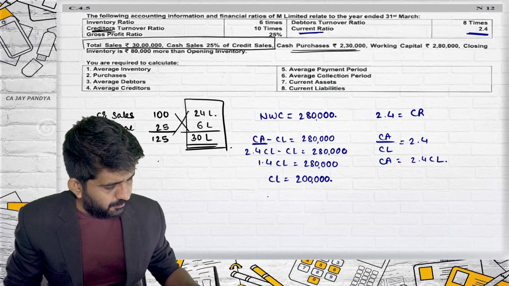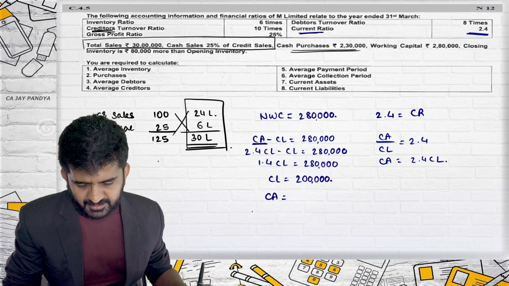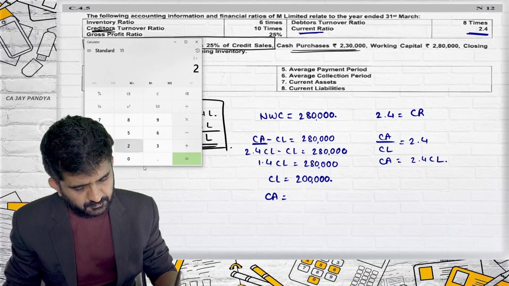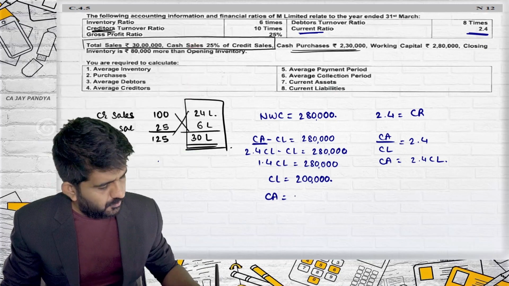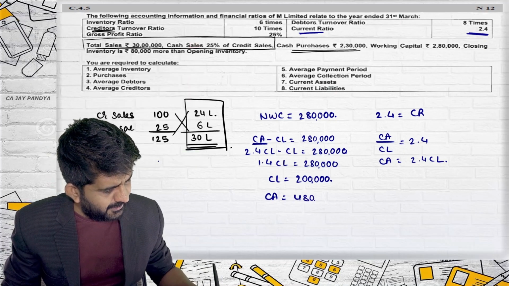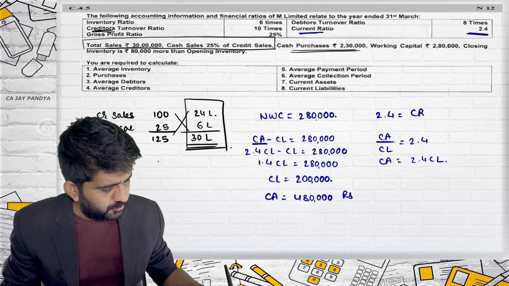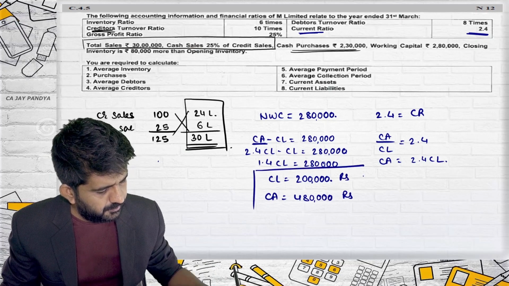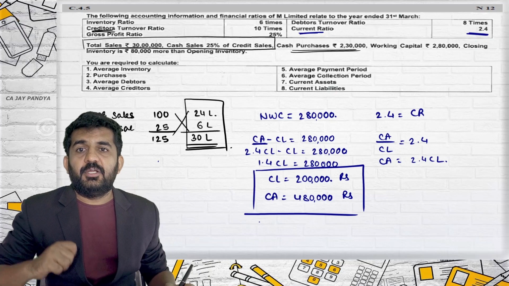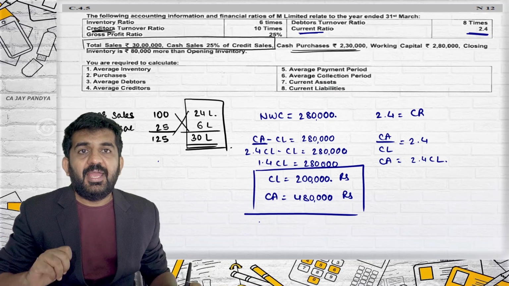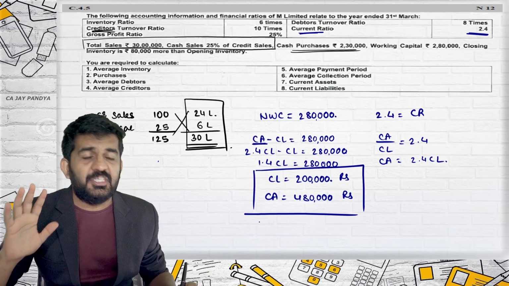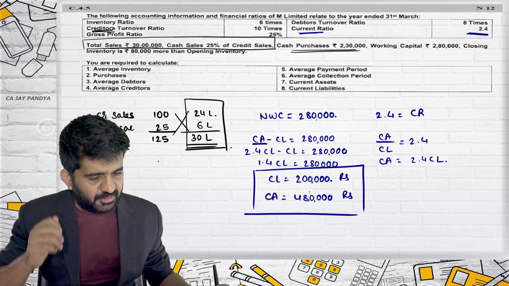And 2 lakhs multiplied by 2.4 will be current assets, 4,80,000. Whenever net working capital is given and current ratio is given, it is easy to find out current assets and current liability.